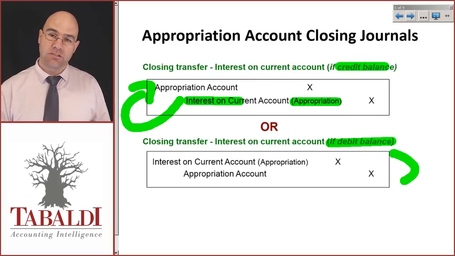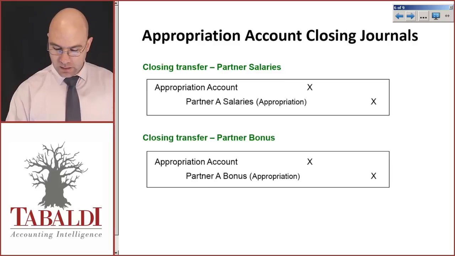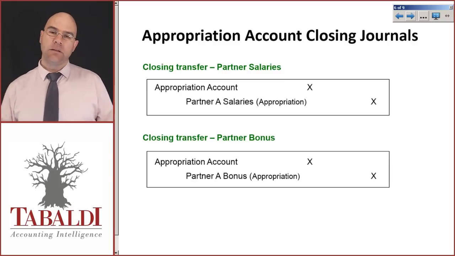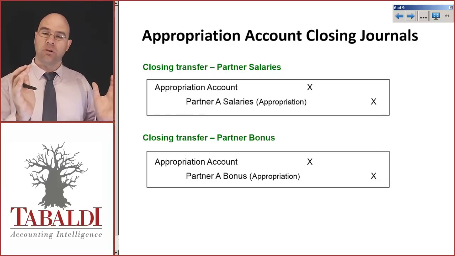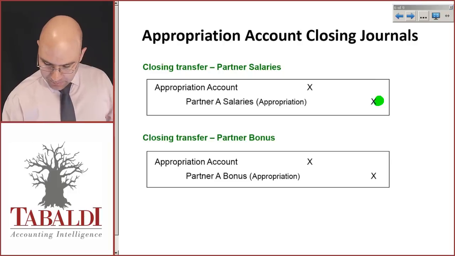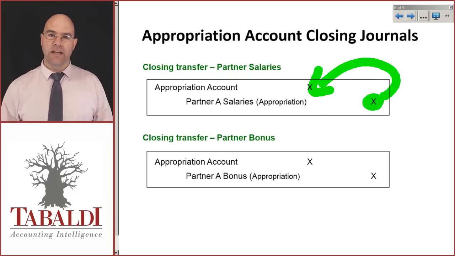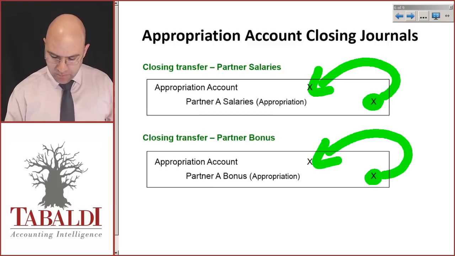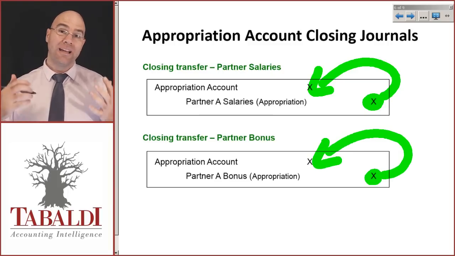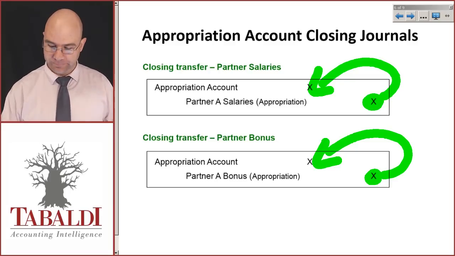Now we will debit the interest, credit the appropriation account. Remember, salaries. Salaries, we originally debited the salaries with a sub-account called appropriation. Now we're going to take the partner salaries and put them into the appropriation account. Debit the appropriation account. Same with any bonuses or commissions, any payments or salaries or commissions that are due to the partners.